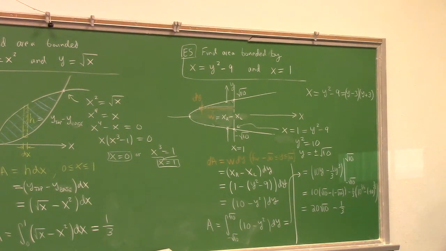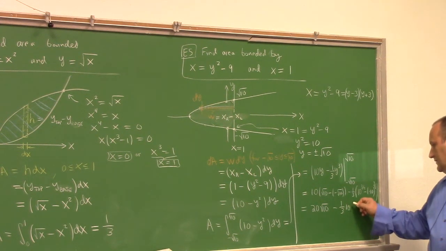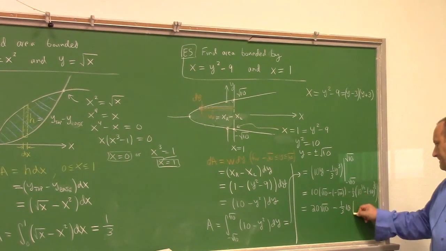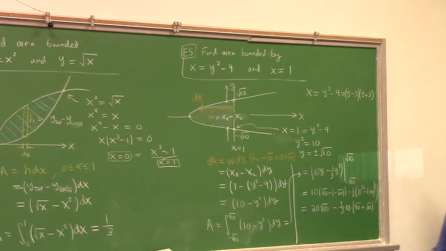I can peel out, 10 to the 3/2 is 10 times root 10, right? So I can pull a 10 out of here, 1/3 times 10. That gives me square root of 10 plus the square root of 10, which is 20. So this is also 20 root 10. So I get 20 root 10 minus 1/3 of 20 root 10, which is 2/3 of 20 root 10.